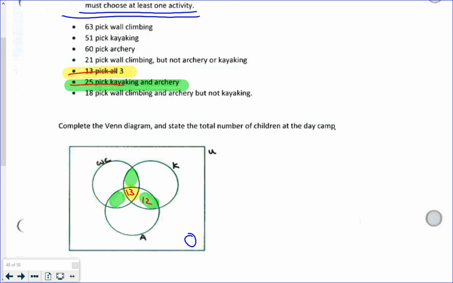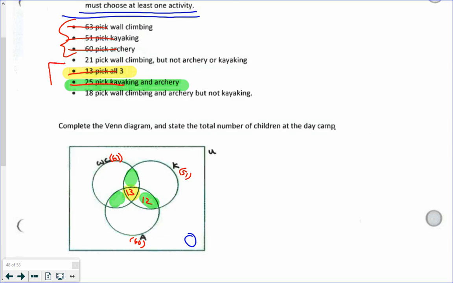Okay, the rest of this now, these 3 numbers up here, those are your totals for each circle. So wall climbing is a total of 63, kayaking is 51, archery is 60. Those are your totals for all the numbers in the circle. So I've used those 3. I do usually cross them out as I use them, so that way I know I've used them.